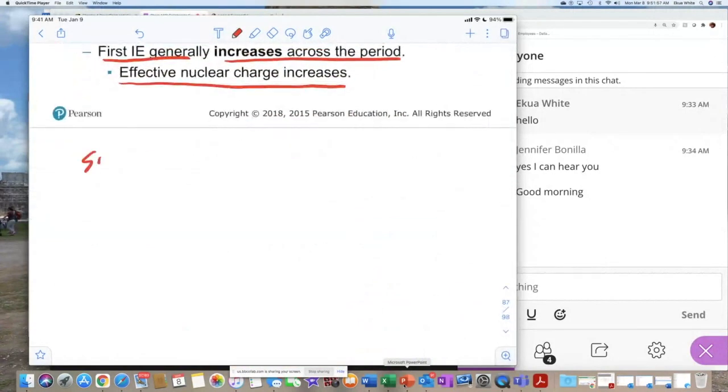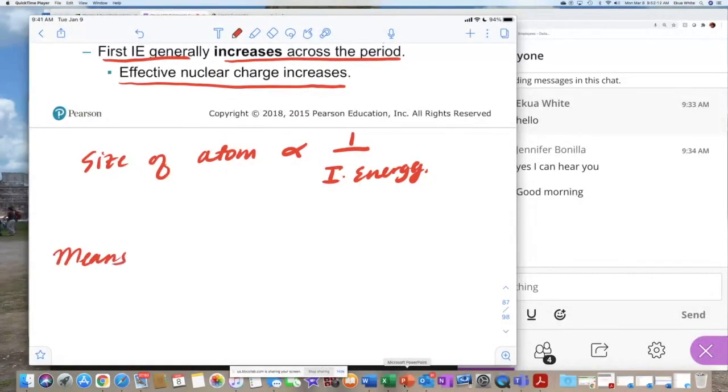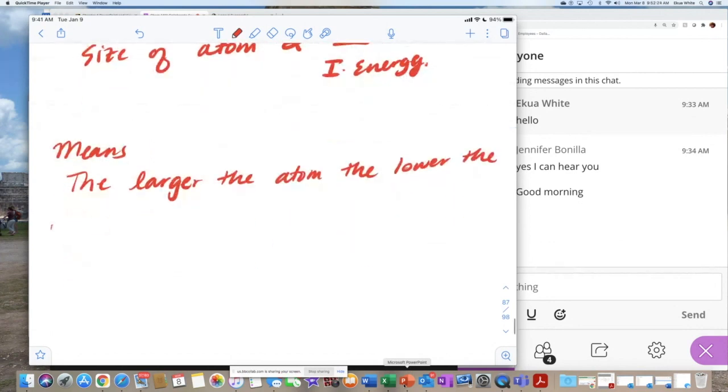The size of atom is inversely proportional to ionization energy. Okay, what does this mean? This means the larger the atom, the lower the ionization energy. Okay, that's the bottom line.